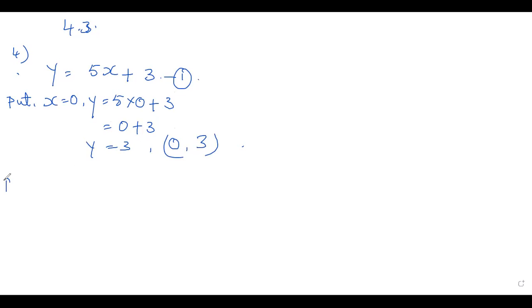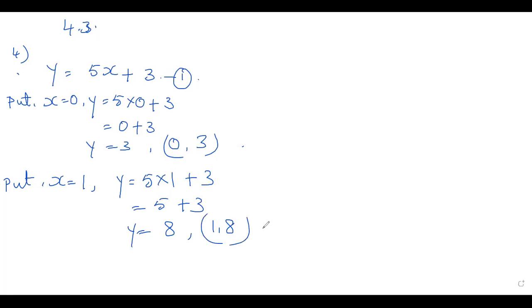And next, put x is equal to 1. 5 into 1 plus 3. 5 into 1, that is equal to 8. What are the points here? 1, 8. I will take minus 1.